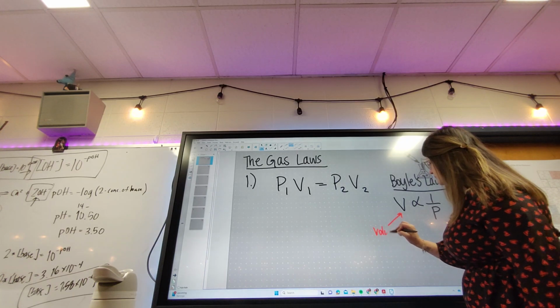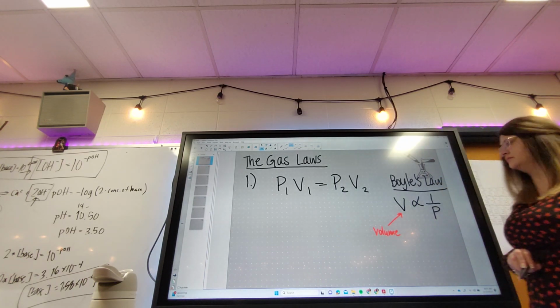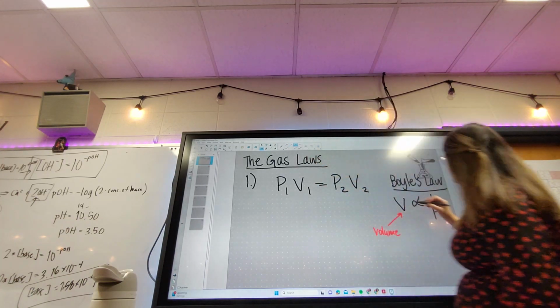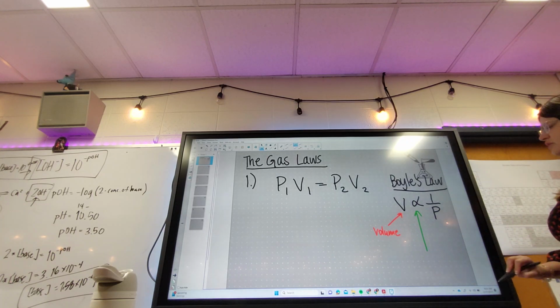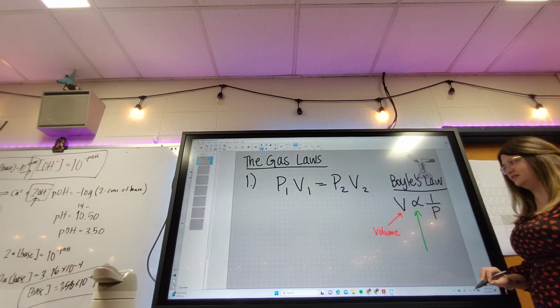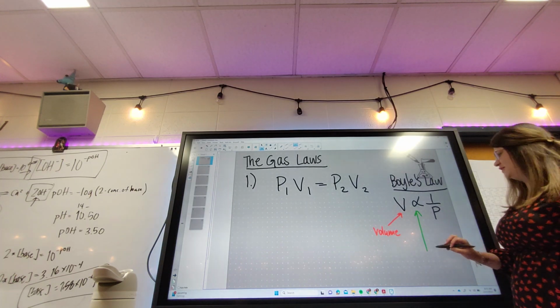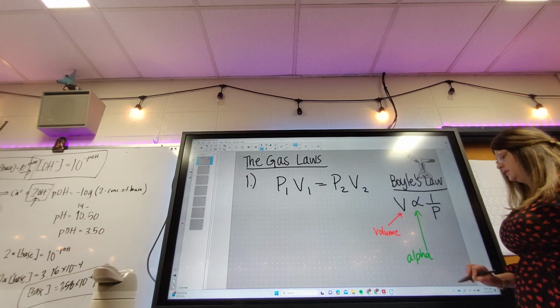Volume. As volume gets bigger, this little symbol here in the middle, let's see if this green, can you see this green today? Okay, yeah, these lines are quite a bit thicker. I'm not going to be able to get as much on a page, which is frustrating, but we'll make it through. This is the Greek symbol alpha, like lowercase alpha.